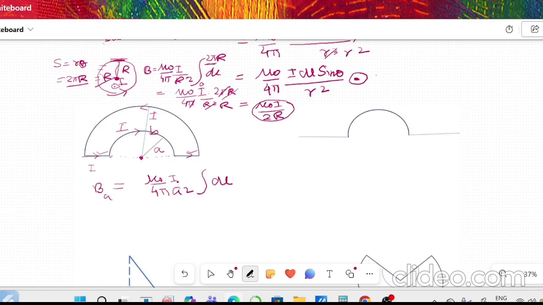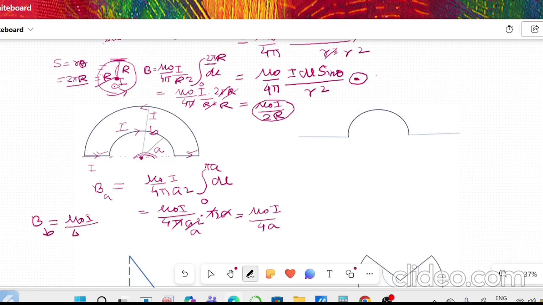As from the above discussion, this integration limit will be 0 to pi A, because the total angle created for this section is pi. So this will become mu 0 I by 4 pi A square into pi into A. So pi cancels out, A cancels out. So this simply becomes mu 0 I by 4A. For the section B, we just write it like this: mu 0 I by 4B.